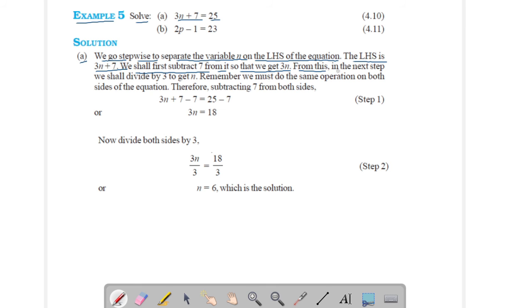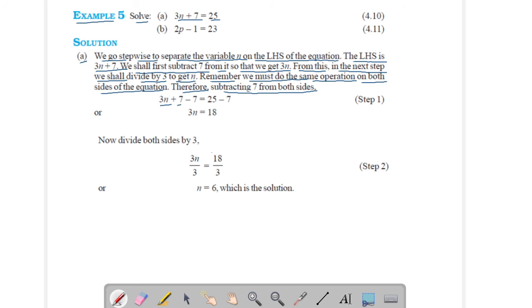From this, in the next step, we shall divide by 3 to get n. Remember, we must do the same operation on both sides of the equation. Therefore, subtracting 7 from both sides of equation A, what will you get?